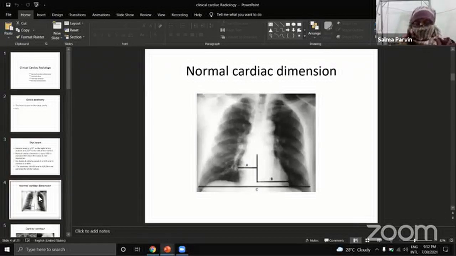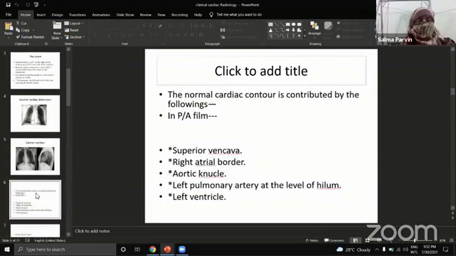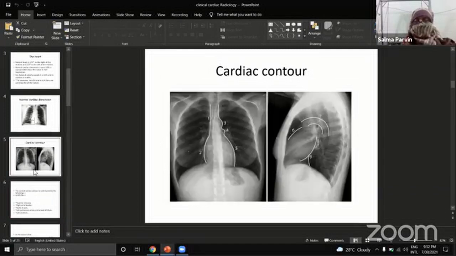This film I already discussed. This is a chest X-ray PA view. What is seen in the standard X-ray film? You see, this is a good X-ray film because the hemidiaphragms are depressed down enough to have very good lung fields.